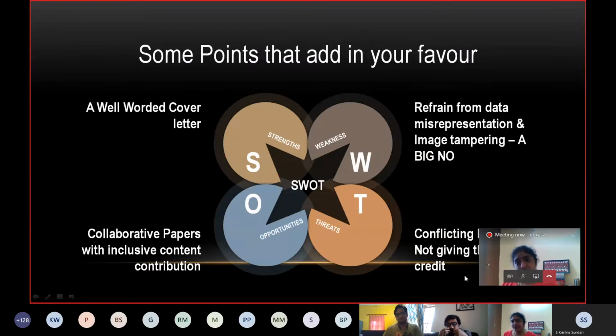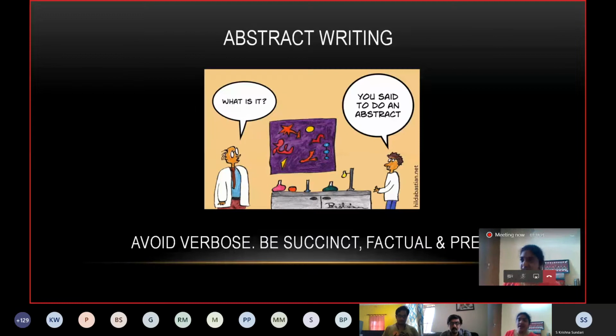If you do that, it will be a threat for your publication. Look at the strengths: a well-worded cover letter for the editor is a very strong advertisement to put your paper across. Then the opportunities: look for collaborative papers with inclusive content contribution. So these can be the strengths, the SWOT analysis.